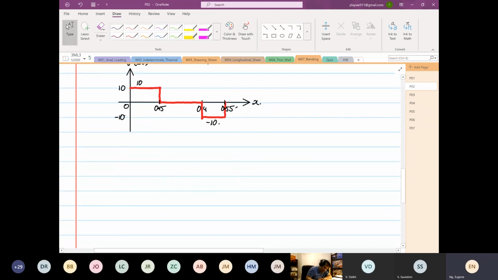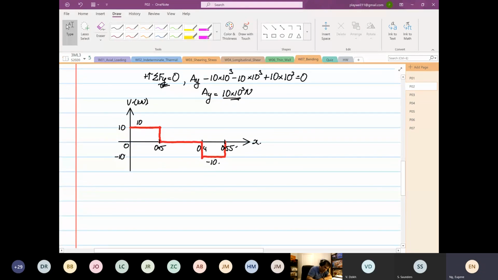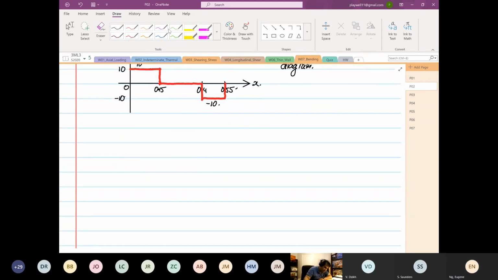Then we look at our bending moment. So this is M. Over here, I'm only going to focus on the positive side.